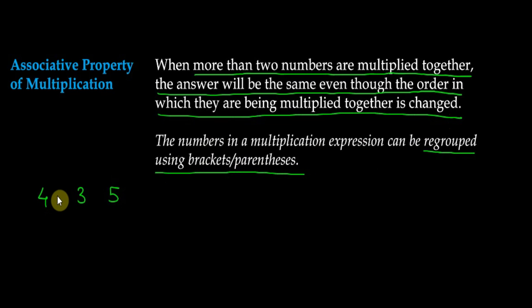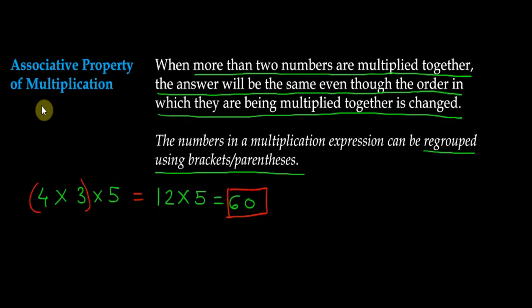So let's multiply these three numbers, and we will group 4 and 3 inside the bracket. That means we will multiply 4 and 3 first. So we get 4 times 3 is 12, multiplied by 5. So 12 times 5 is 60. So we got the answer 60.